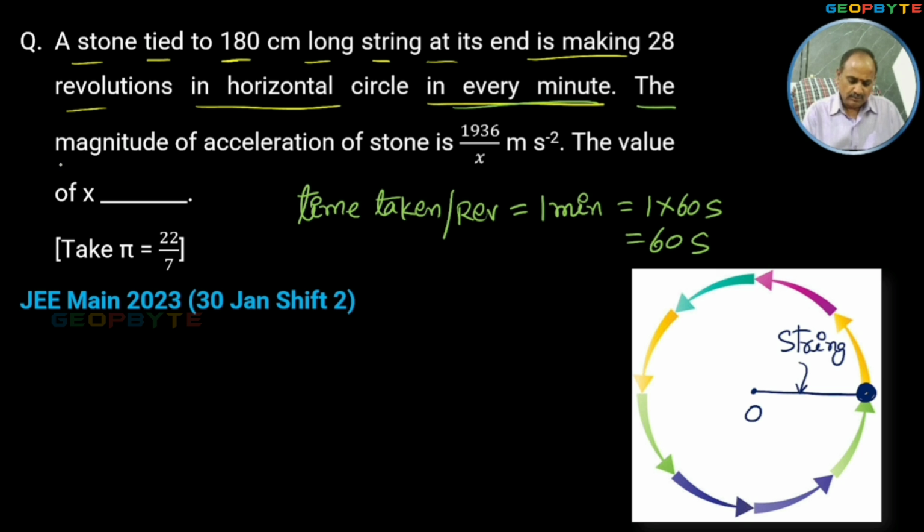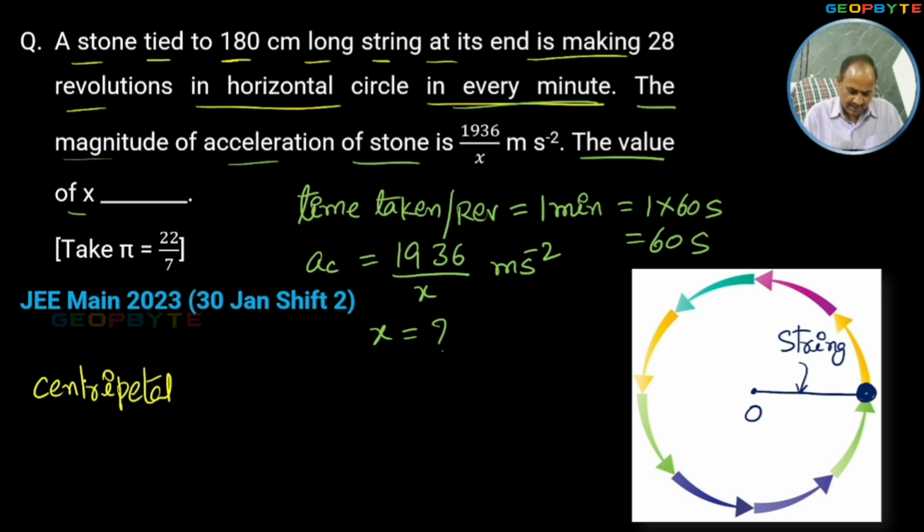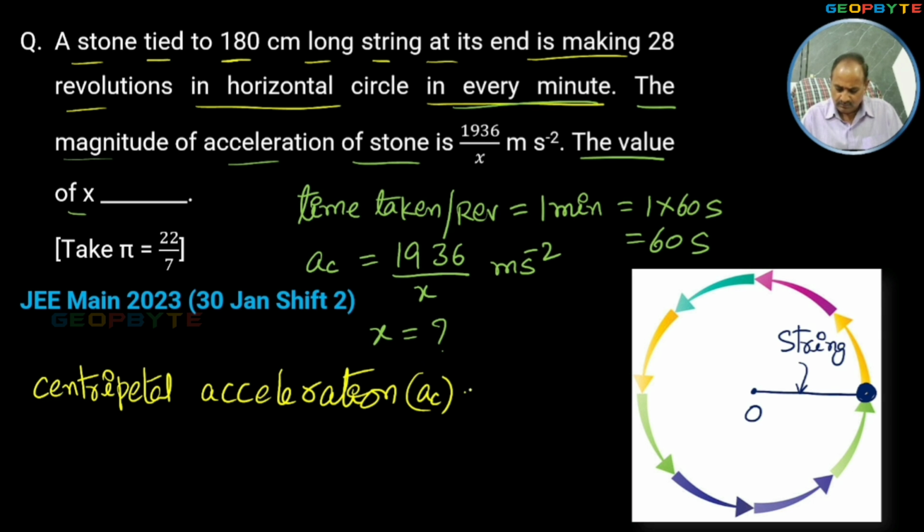The magnitude of the acceleration of the stone, that means the centripetal acceleration, is given as 1936 divided by x meter second power minus 2. What is the value of x? That's the problem. As you know, centripetal acceleration is equal to omega square r.